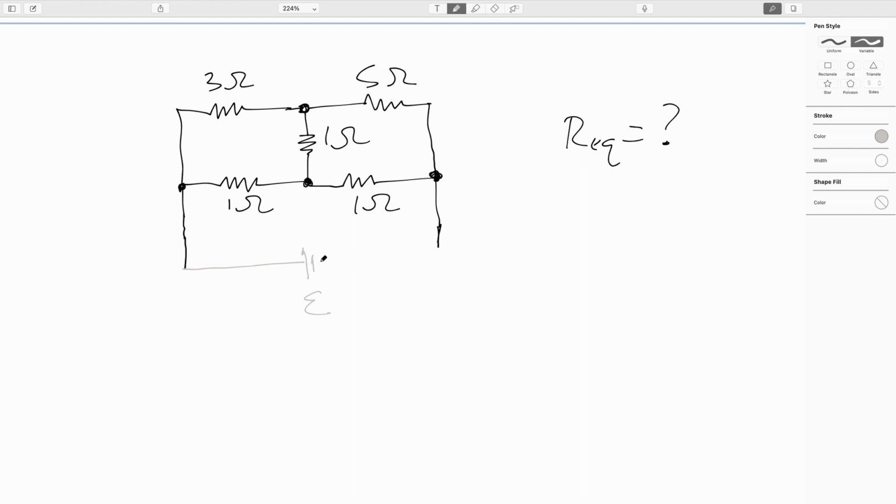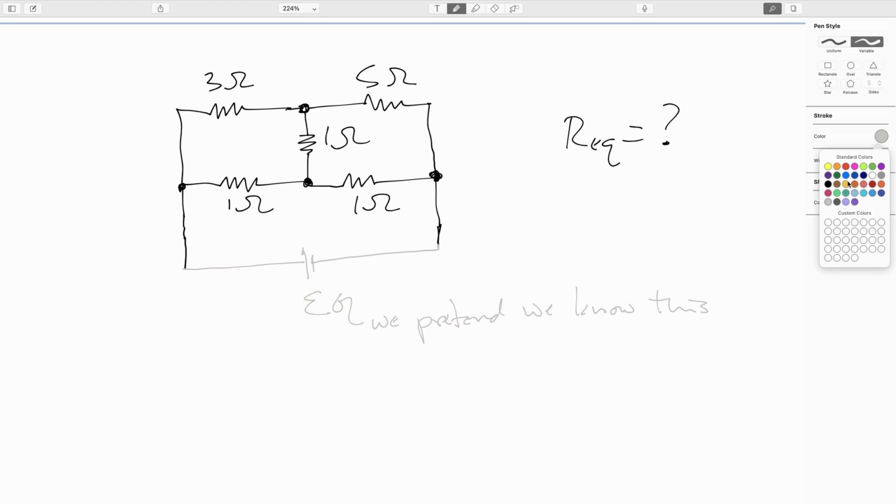And we'll just say it has an EMF of E. I'm not a fan of making up a number here, but whatever it is, we pretend we know this. And remember, when we're talking about equivalent resistance, what's going to matter to the battery is how much current is going through it. So I will call this I6.